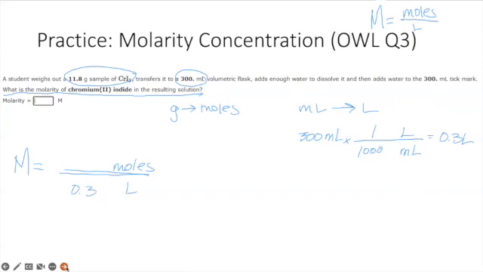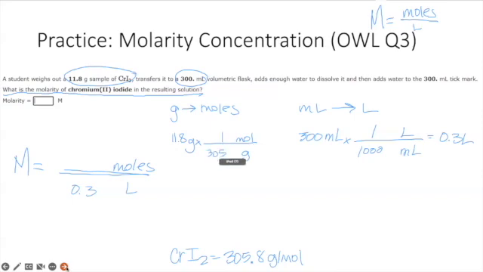Now I want to go from grams to moles. So you're going to have to look up the molar mass of chromium iodide. I will tell you what it is, though you might have to look it up on your own if your compound is different. For chromium iodide, it's 305.8 grams per mole. So I'll start with my given quantity, 11.8 grams. I want to get out of grams and into moles.